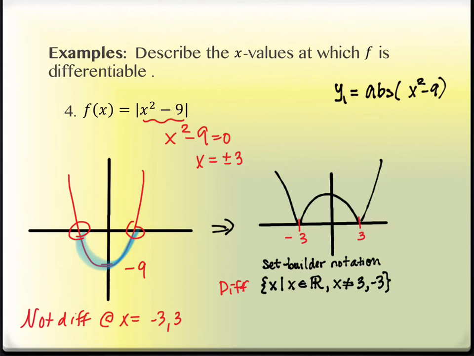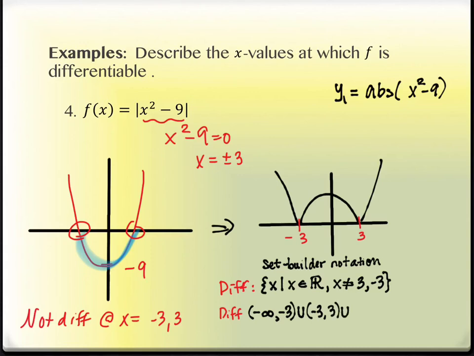The other way that you can do this is with interval notation. So it's differentiable, and you describe it on the intervals. We start from the far left, negative infinity. It's differentiable all the way until we get to negative 3. And then there's a union. It's differentiable from negative 3 to 3, right? That flipped up part.